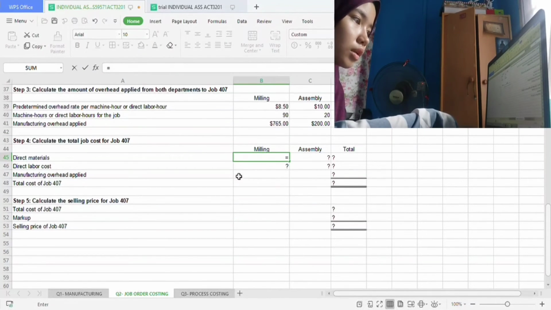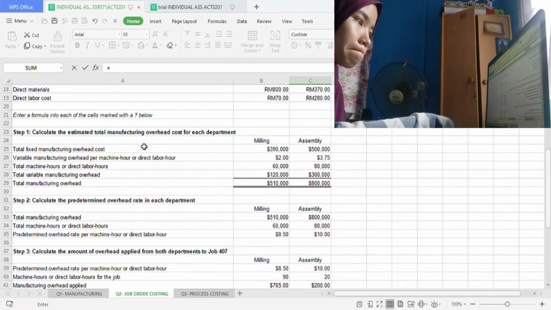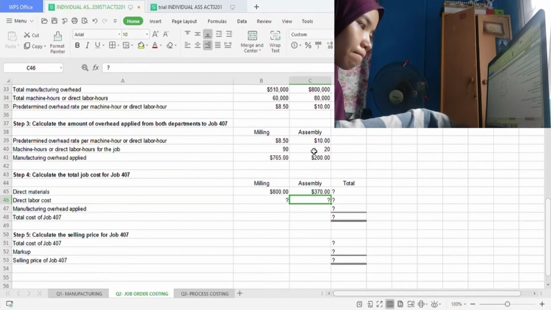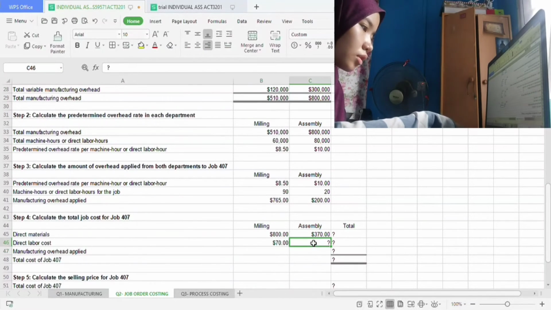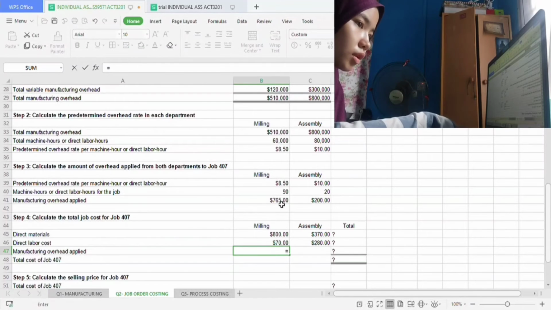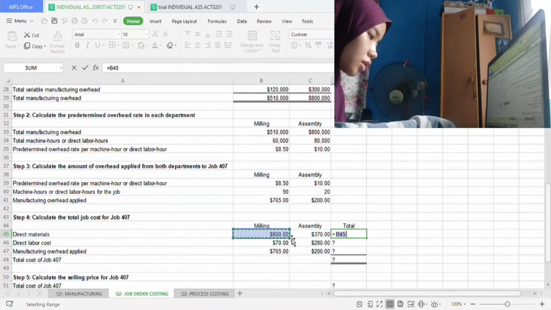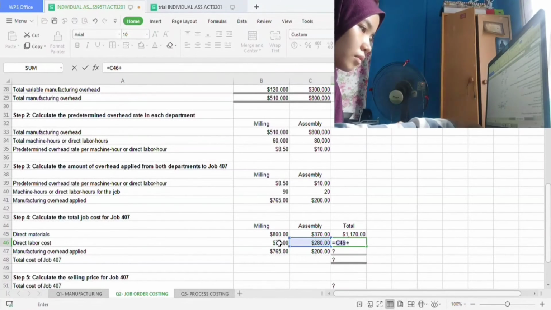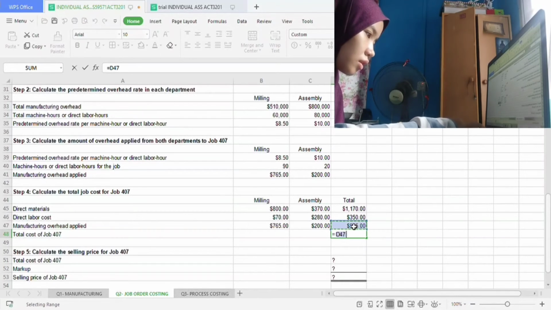So direct materials, direct labor, manufacturing overhead applied, then just total the amount. Total again.